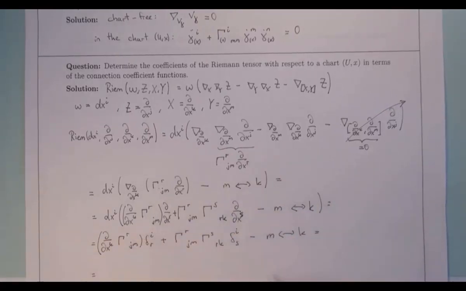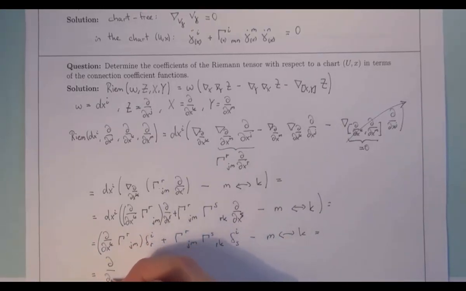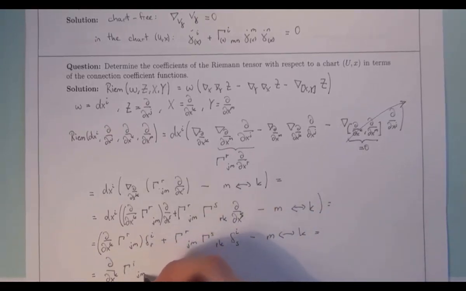And the result now is we have that this is del xk on gamma ijm.